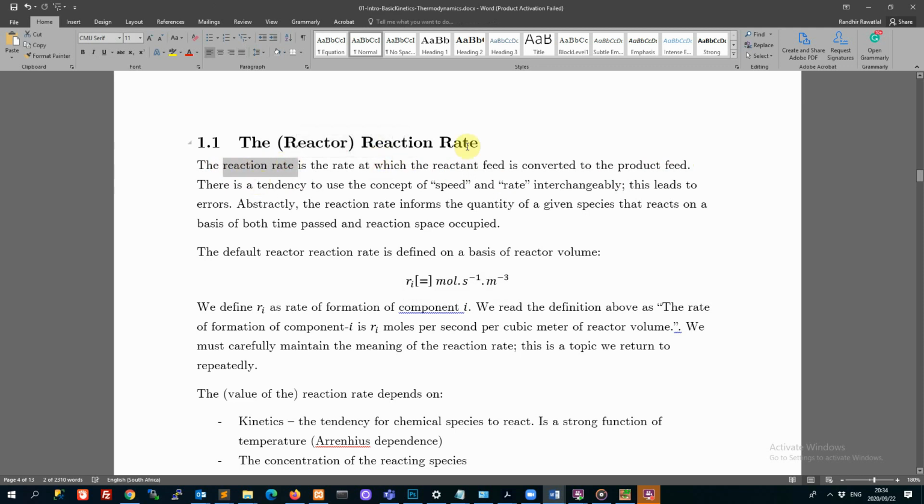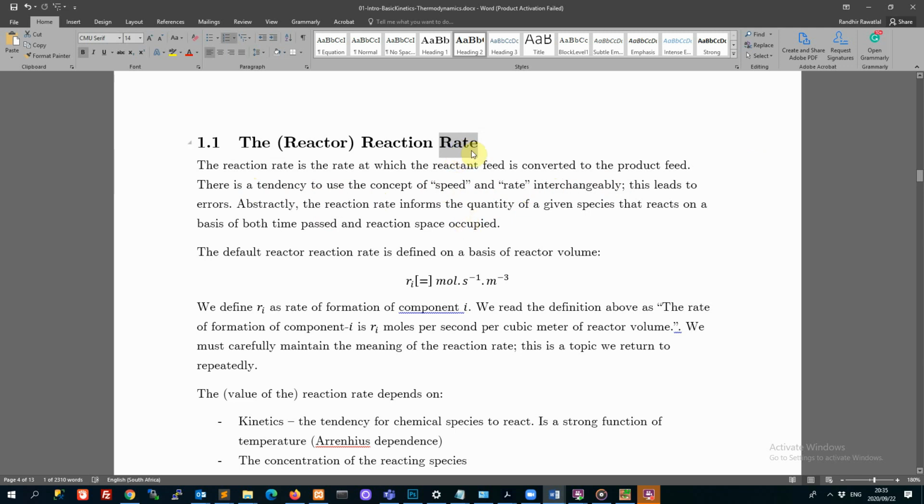So we accept that there's going to be some rate at which we are converting the reactant material into product material. And when we use this term rate from perhaps the way that we are used to speaking, some of us sometimes use rate interchangeably with speed. And it's important to get this distinction right. If you mix up rate and speed, that can lead to errors. So we want to be careful always to renew our understanding of rate.